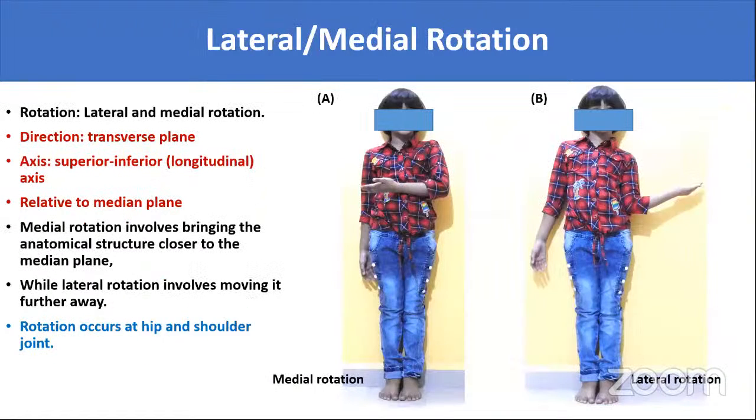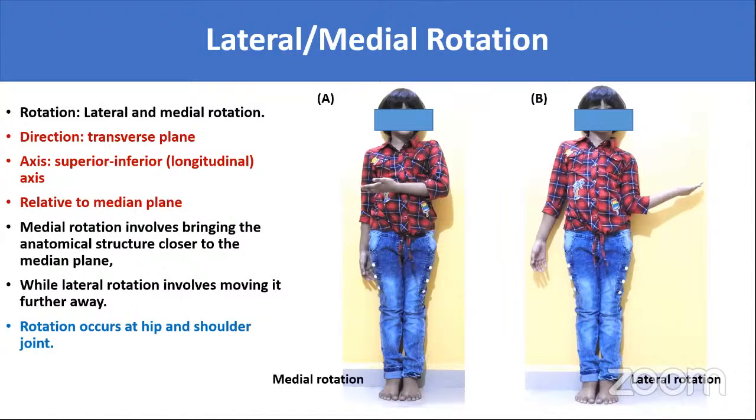Now the third type of movement is rotation. This rotation is of two types, lateral rotation and medial rotation. Lateral rotation and medial rotation are opposite to each other. Again, this movement is with reference to the median plane.